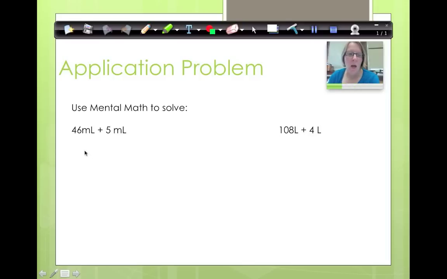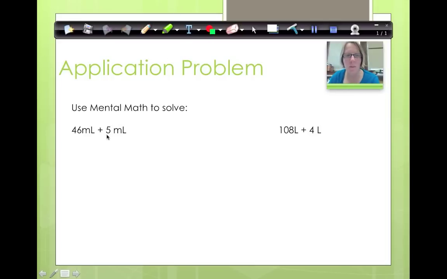Okay. So this first one, 46 milliliters plus 5 milliliters. What would be a way that we can make this make sense, or to add this easily in our brain? Okay. We can break part of it apart.